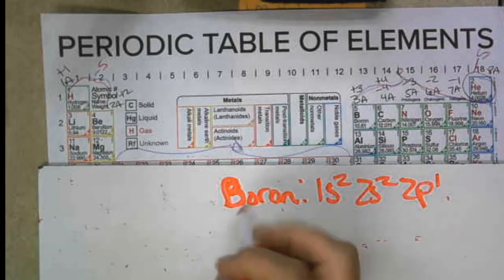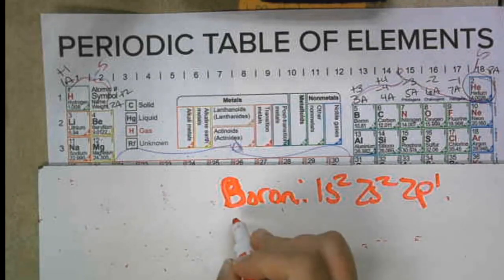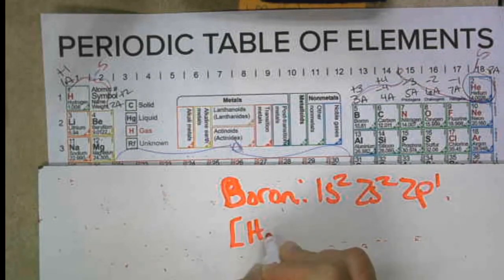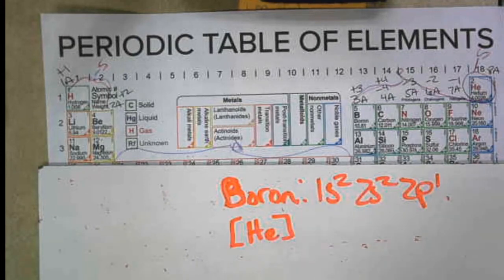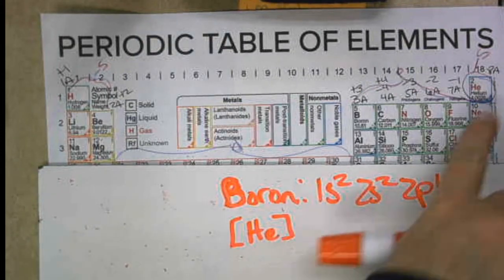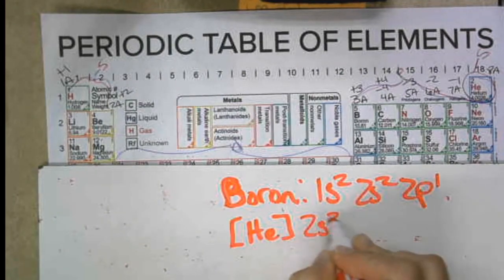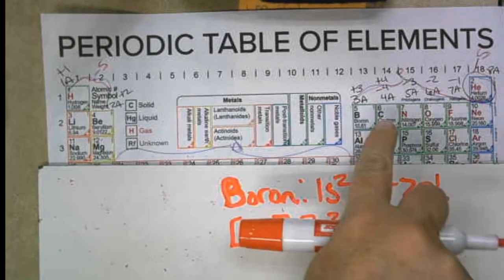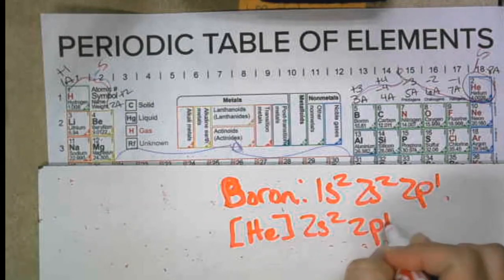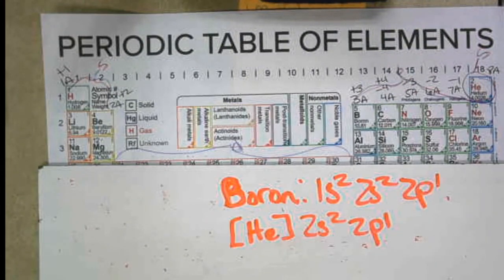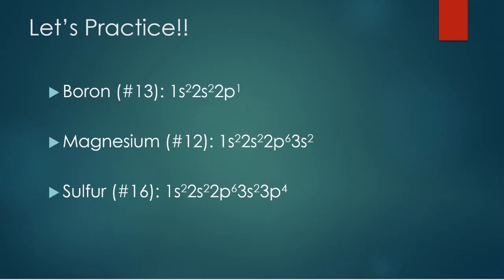And so that would be helium. So I'm going to put my brackets like this. So I will write helium. That's where I will start. And then I will go to 2s2 and then 2p1. So this would be the abbreviated of boron, okay?